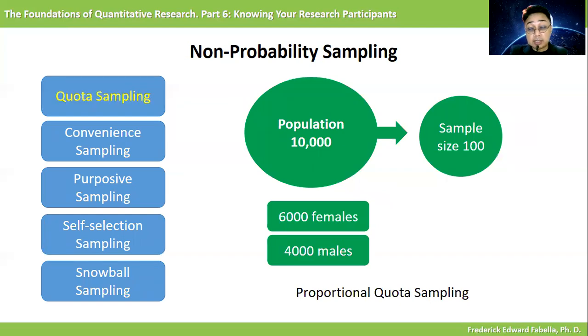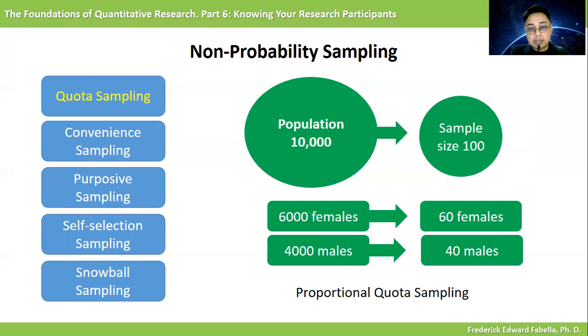So 60% are females and 40% are males. So what you do is you create a proportional sample from this. You get 60 females and 40 males, and you arrive at a sample size of 100, which is proportional. So that's proportional quota sampling.